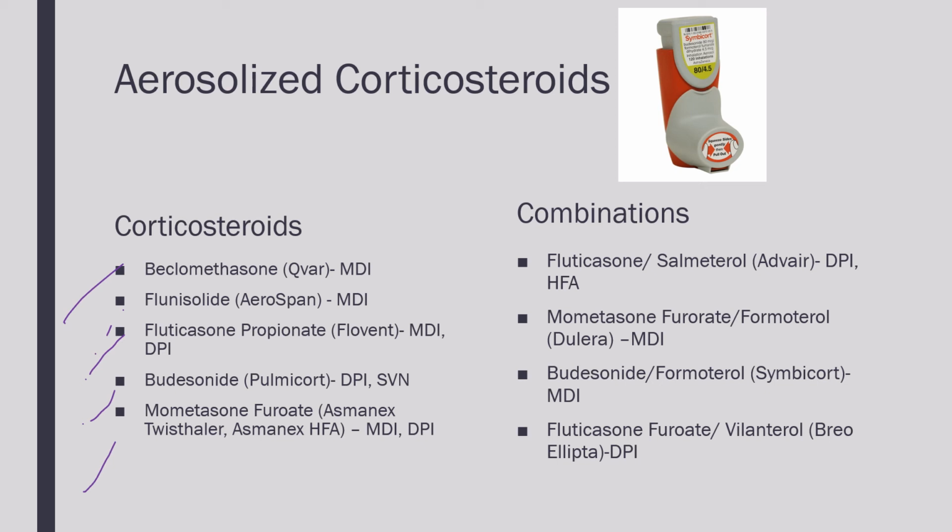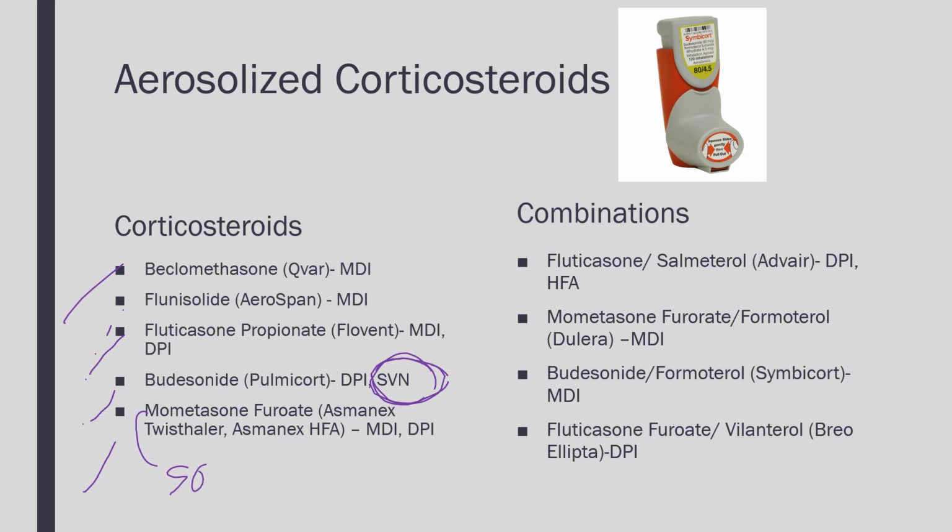You'll even see these as combinations. Budesonide actually also comes in a small volume nebulizer, right? That's the one that comes in a nebulized dose. And then I believe mometasone comes in a soft mist inhaler as well.